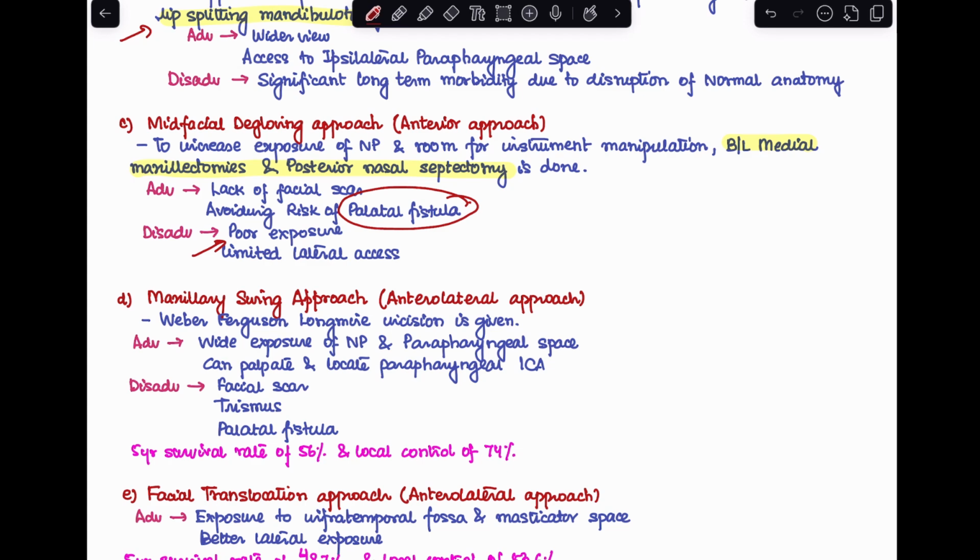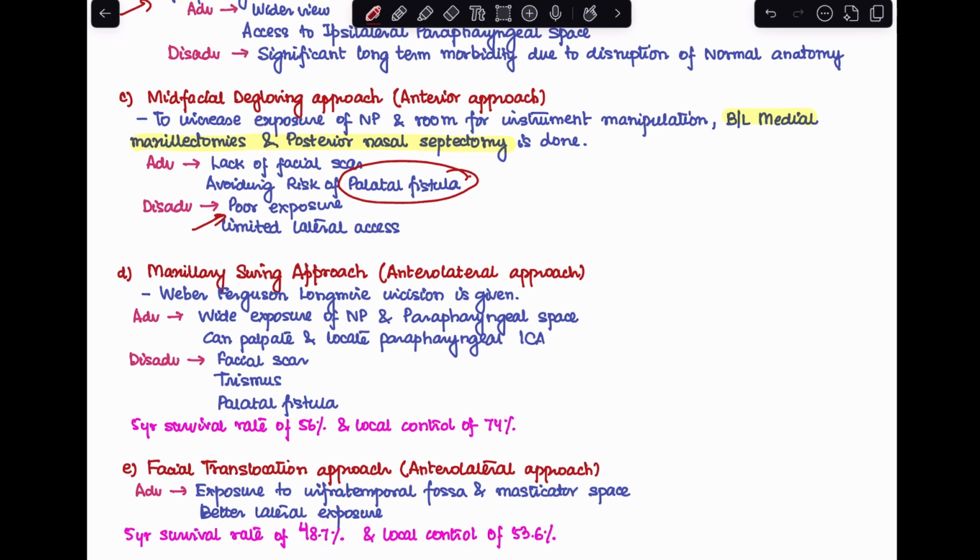So to approach the lateral area better, we have another approach which is the anterolateral approach, and this is the maxillary swing approach. So in the maxillary swing approach, we have a Weber-Ferguson-Longmire incision. Now because we are giving this incision, we end up with a facial scar. Here we are basically swinging up the bone along with soft tissue of the mid face.